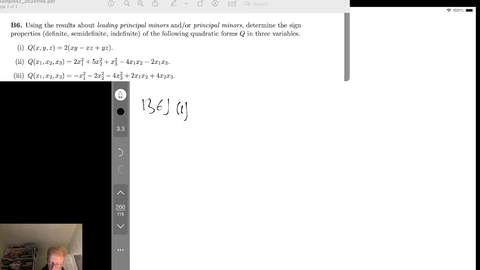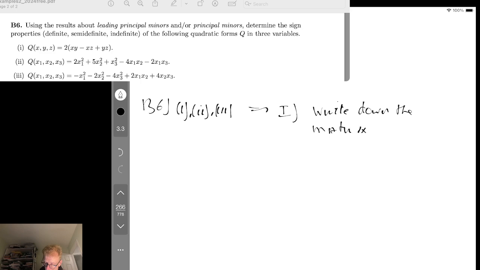So for 1, 2, 3, you first write down step 1, write down the matrix A. So for 1, the matrix A is, let's say, well, there's no square terms, so the diagonals are all 0.